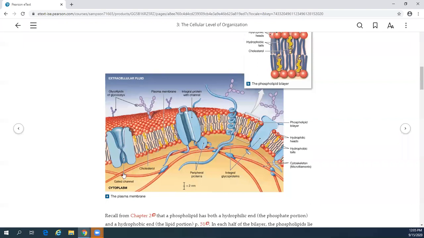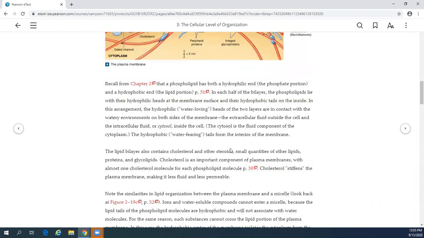We have the cytoskeleton inside here. We have these glycoproteins and glycolipids, which are our identifier markers, and all this stuff gives this cell membrane structural support. So this is the phospholipid bilayer, polar heads and non-polar tails.